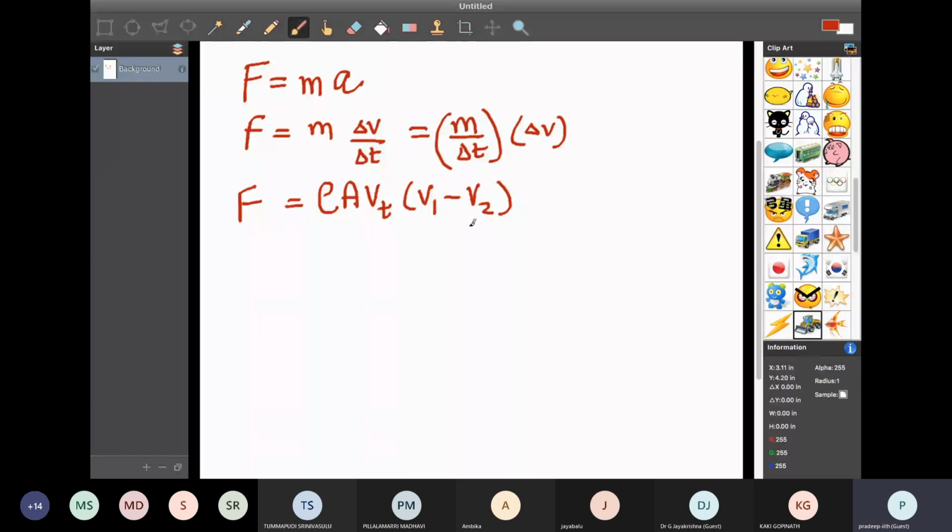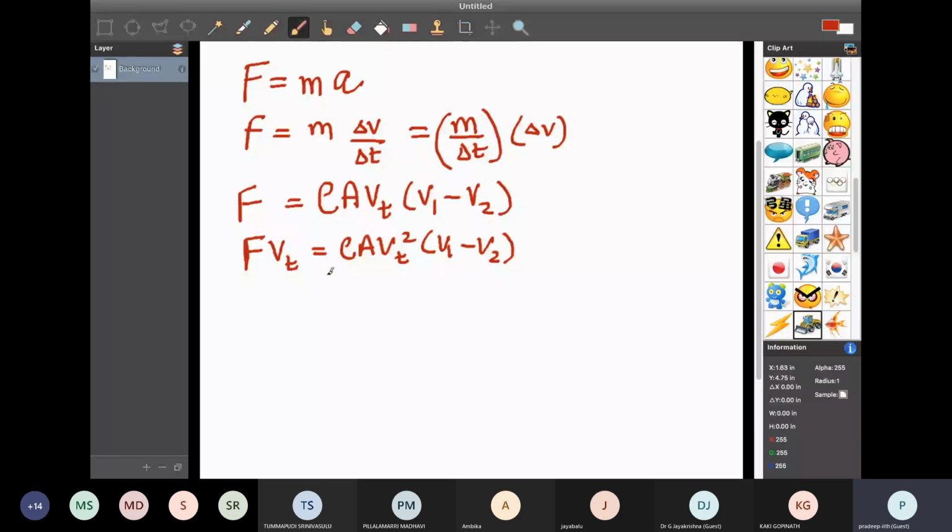Now, what is force into distance? Force into distance is work done. So what I can do is I'll multiply Vt on both sides. Force into Vt equal to rho A Vt, I'm sorry, this Vt square will not be there, equal to rho A Vt square into V1 minus V2.